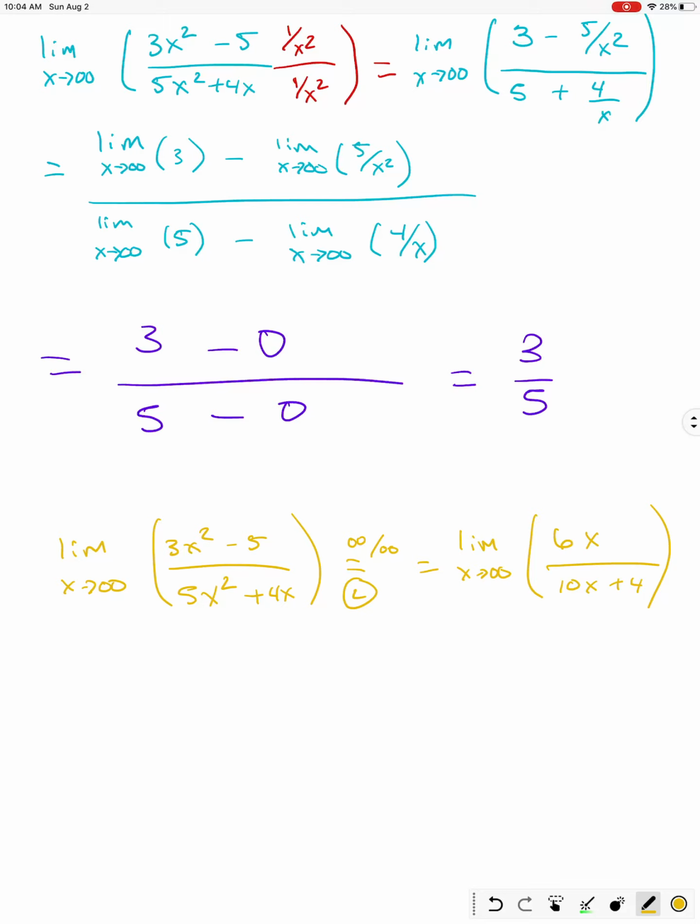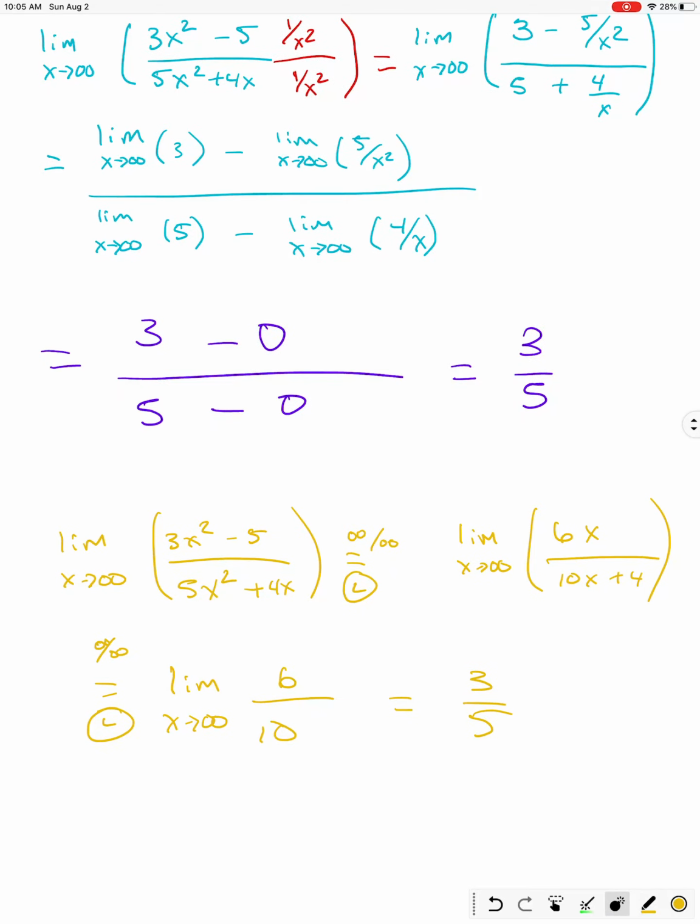That's great, except for the fact that I still have infinity over infinity, and so I use L'Hopital's rule again. Then I have the limit as x approaches infinity of 6 over 10, and that simplifies to 3 over 5. So yes, indeed, I did get the same answer.